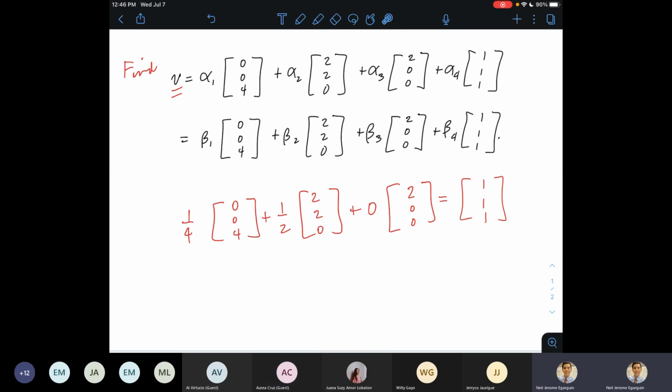So that's 111. Nakalimutan ko kung bakit ko nga ba gustong gawin to. I lost my train of thought. Okay, but let's see. Ano yung set natin?